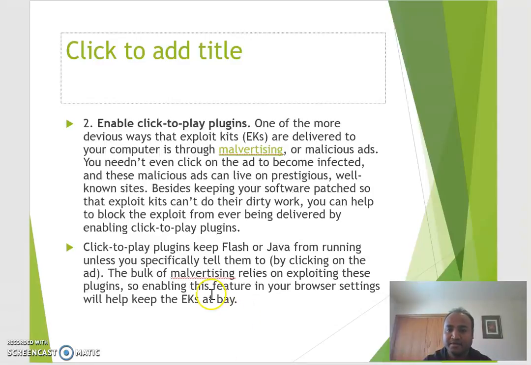So we'll start with number 2, enable click-to-play plugins. These are called malvertising, as I was mentioning before. They are made of malware plus advertising. As I was saying, there is a lot of free software, and the way the sites make money is by combining advertising and also having some plugin installed while you use their freeware applications.